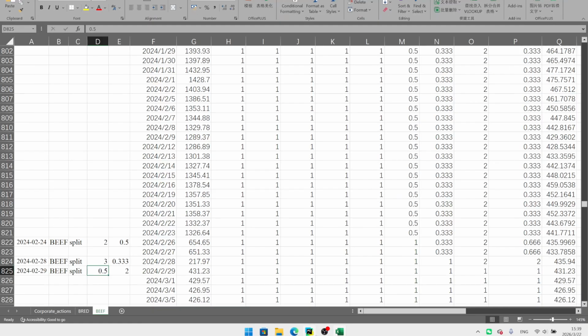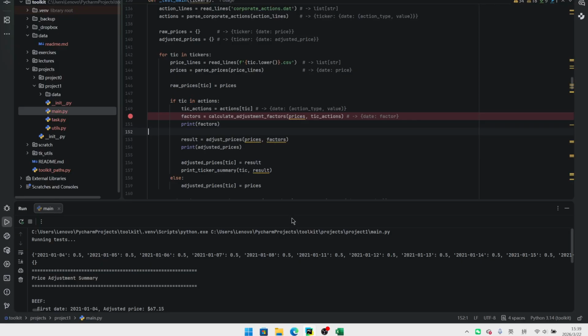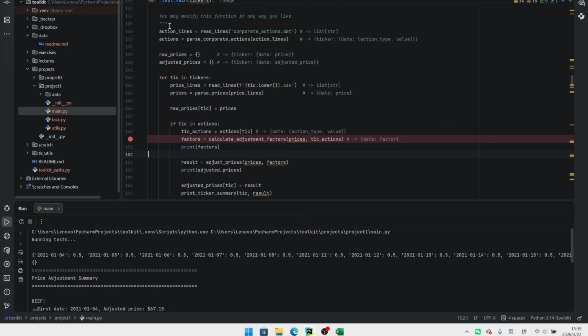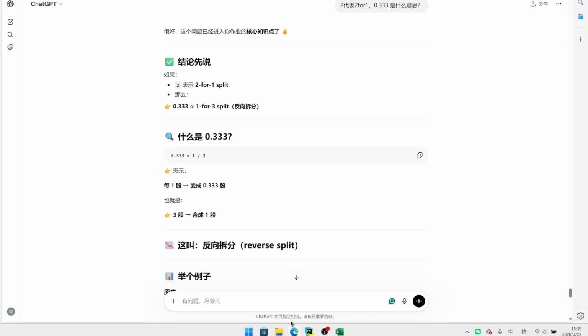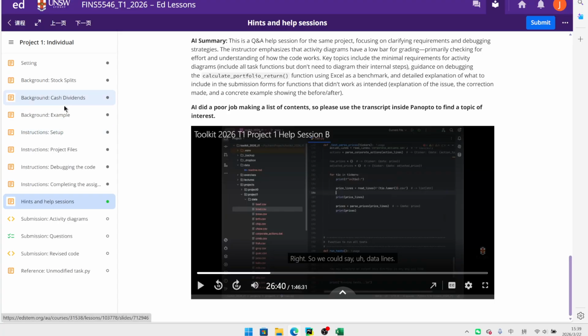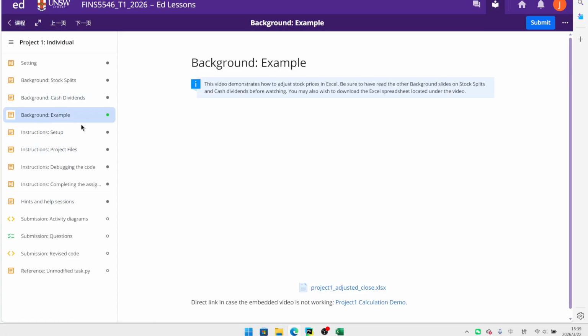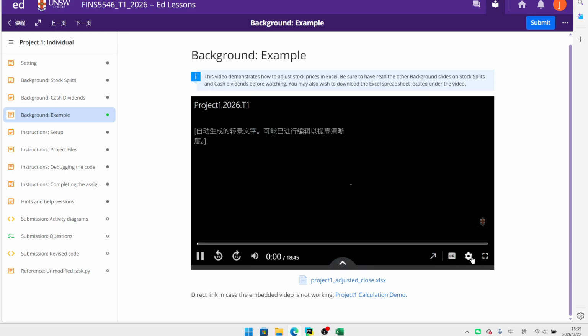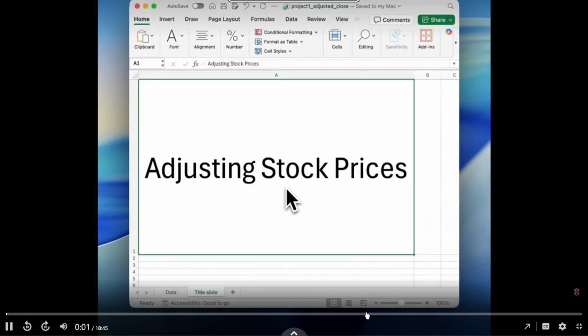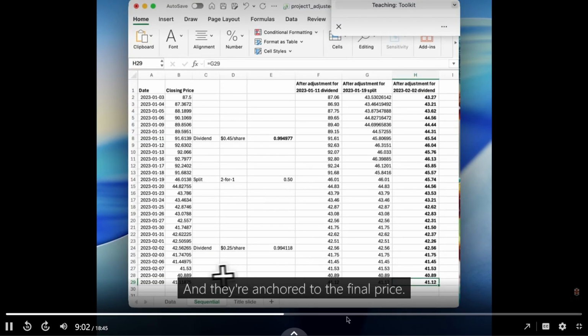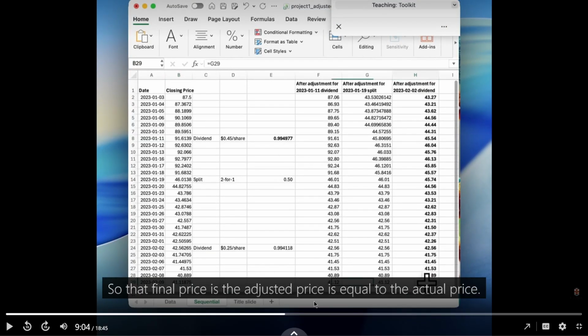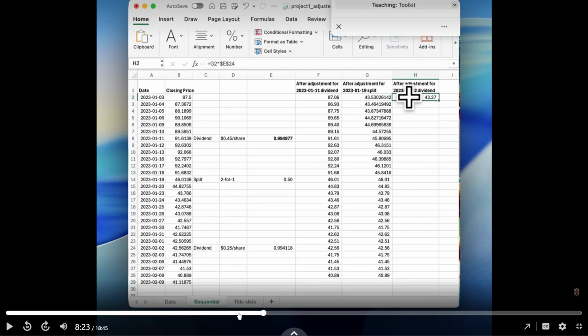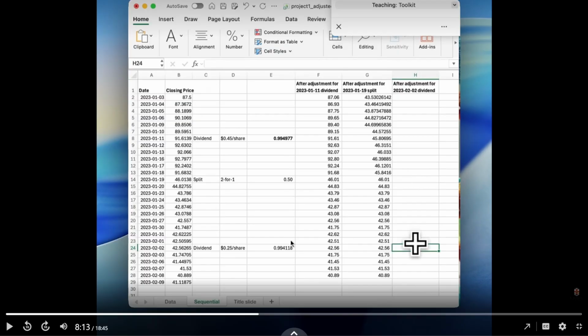I need to ask AI about the solution of that, or we can find this background solution. Well, it's a background exam. Wait a minute. Just takes me to the final price, so that dividends.